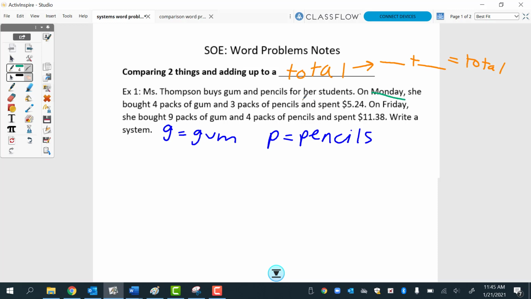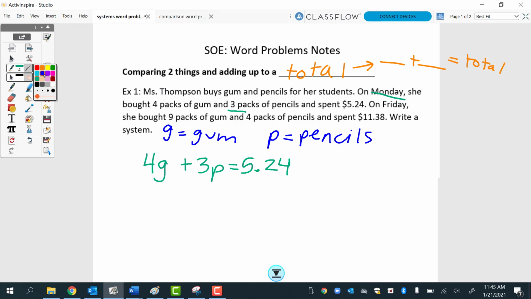On Monday, I got 4 gum, so I put 4 and G together, plus 3 packs of pencils, so 3 goes with P. And how much did I spend? $5.24. So that's my Monday equation. Easy. You pretty much just pair out what number goes with which letter. That's the most difficult part, I guess.